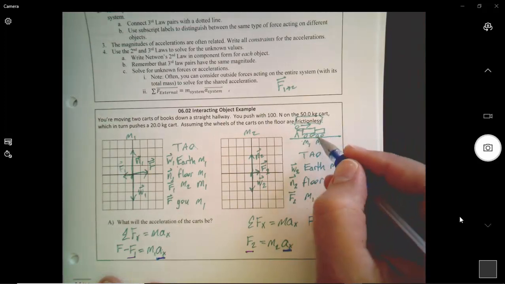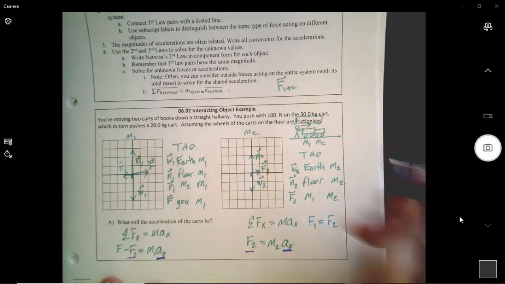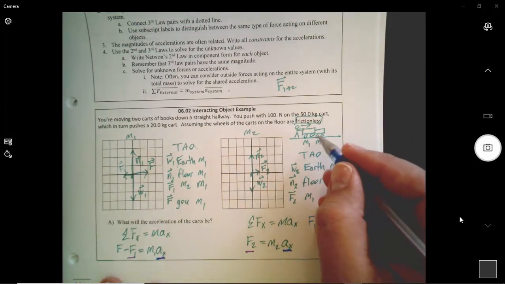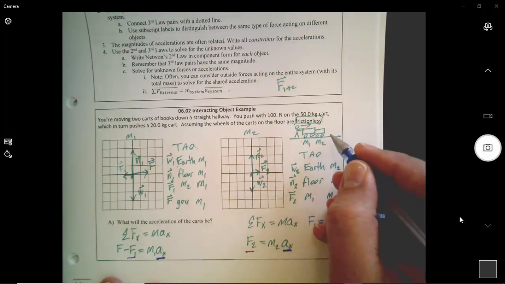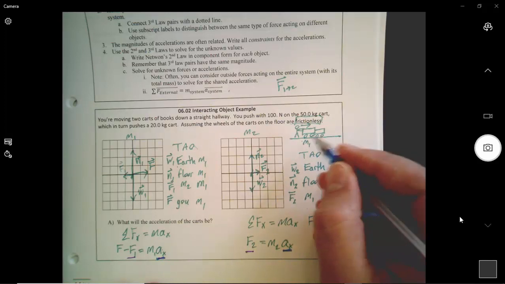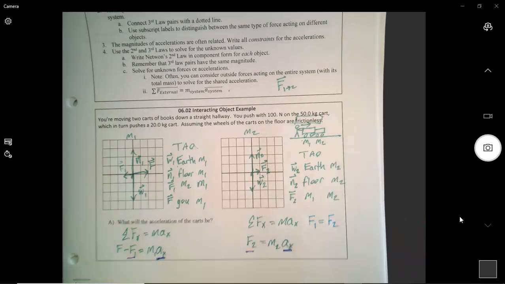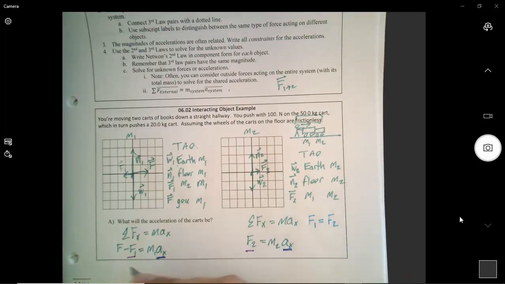Right? If that's not obvious, these carts are moving the same. Whenever M2 moves, it's because M1 made it move. So since these accelerations are the same, that's the same variable. So we can substitute in this F2 into this equation.